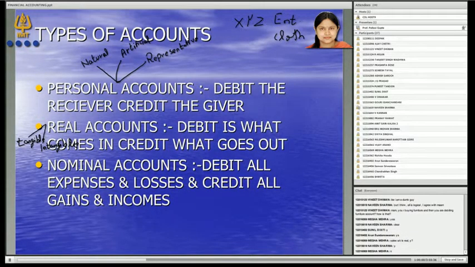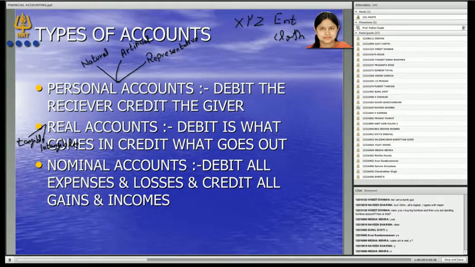Okay, let's come to the seventh entry. Purchased goods from Amrit, rupees 10,000. Now goods are being purchased from Amrit, rupees 10,000. Amrit's name is given, which means it is a credit purchase. No cash transaction has taken place. So Amrit account is involved and the purchase account is involved.